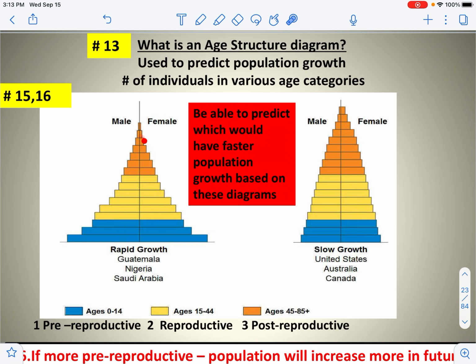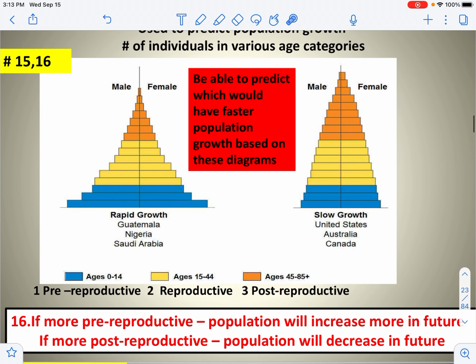And so you can see in these types of countries, there are a lot of younger people and fewer older people than in the United States, where it tends to be more equal. What you need to know is that if there's more pre-reproductive, if the bottom category, the younger people, is higher, then the population is going to tend to increase in the future.